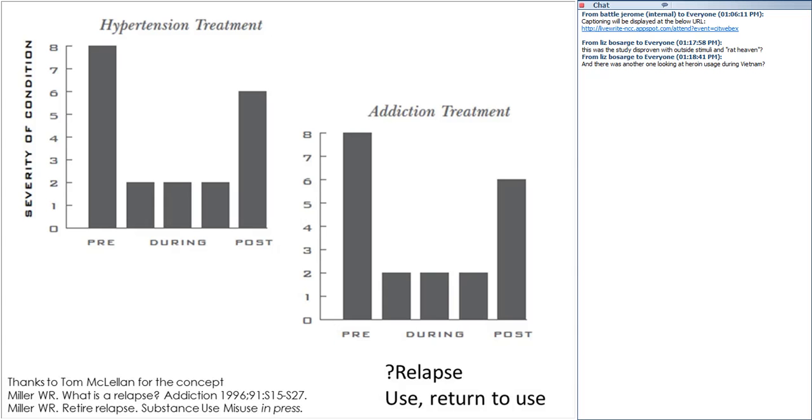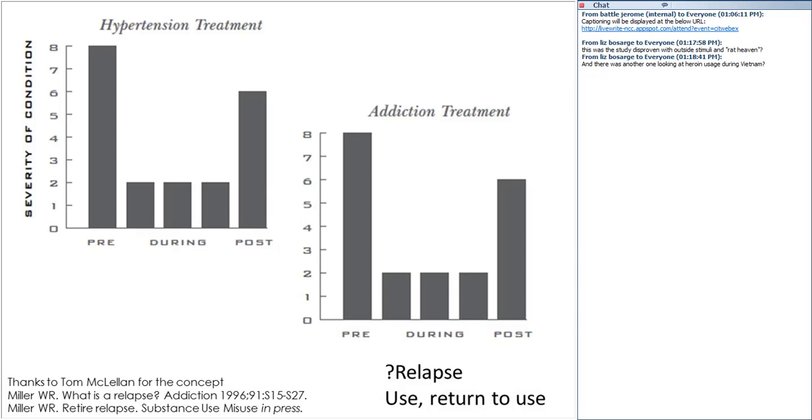And so we resume that treatment. When we see that same pattern for addiction, on the bottom right-hand of the slide, we conclude that the treatment didn't work, because we gave somebody treatment and then after treatment they relapsed. So this is where the terminology and how we think of a chronic condition may come together to contribute to misperceptions.